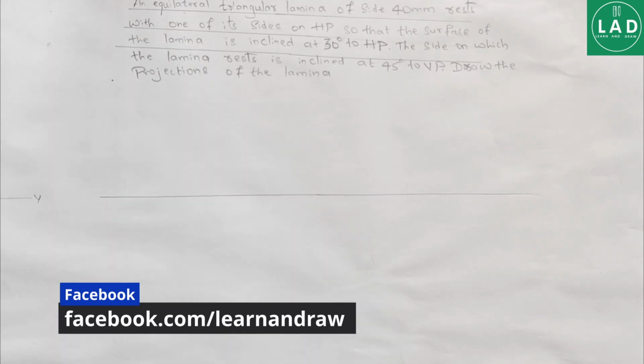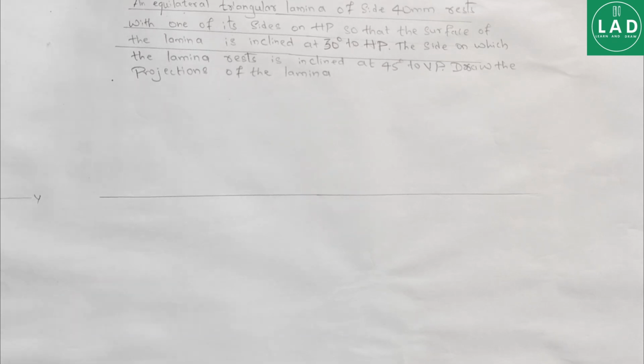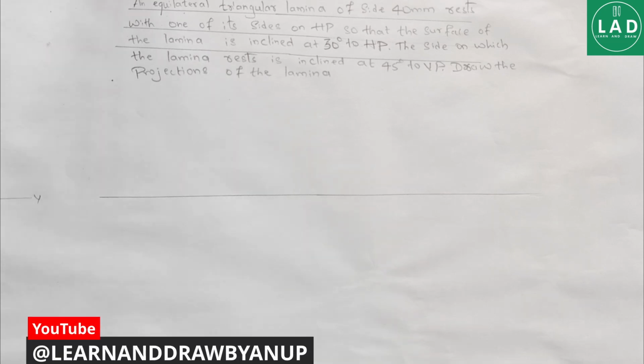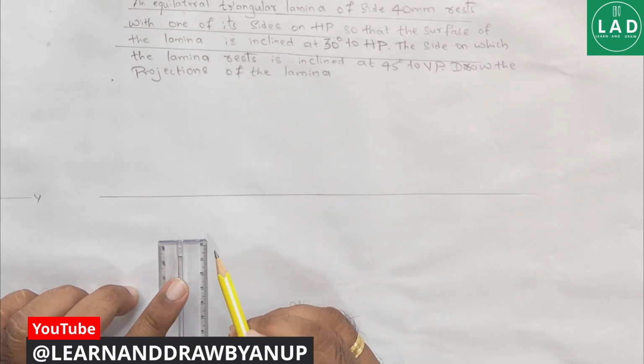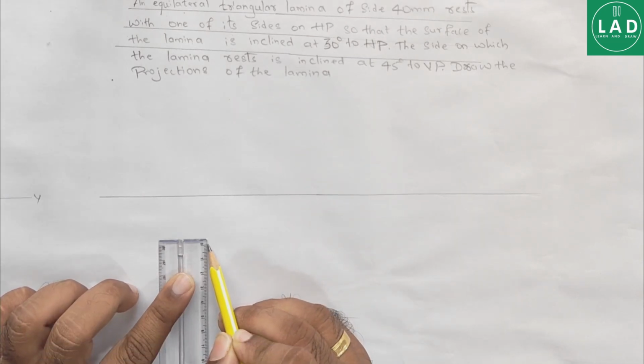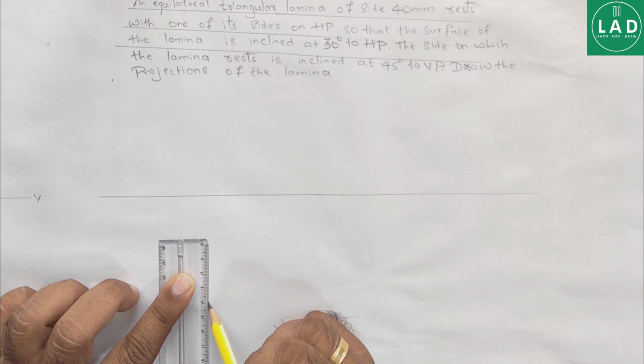First, let's draw an equilateral triangle of sides equal to 40 mm with one of its sides on the HP. Since the triangle has the side of 40 mm, let's draw one side of 40 mm.